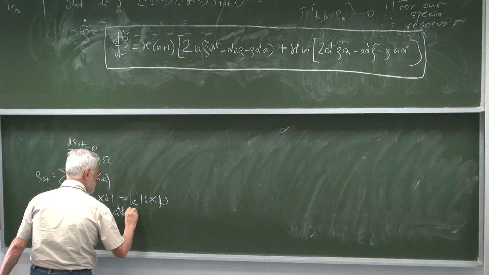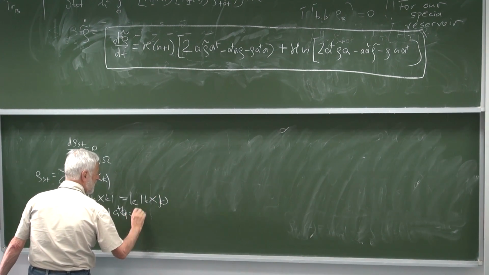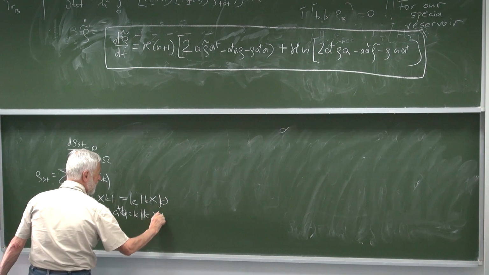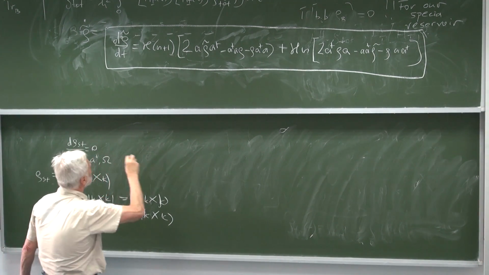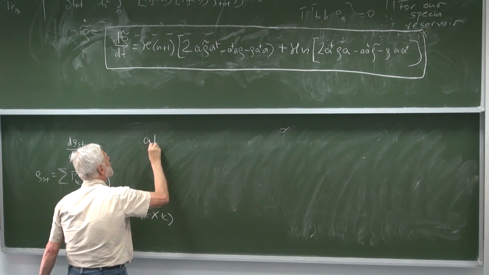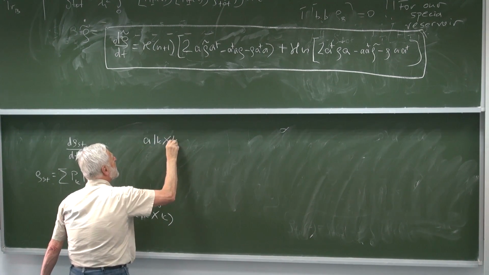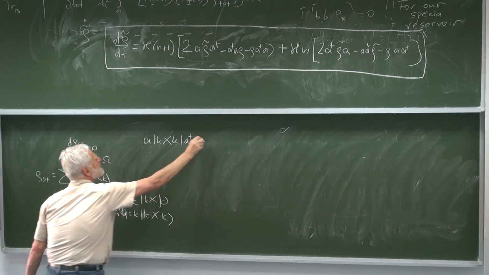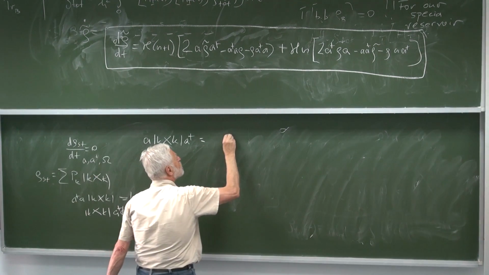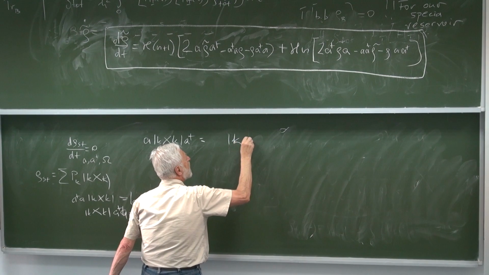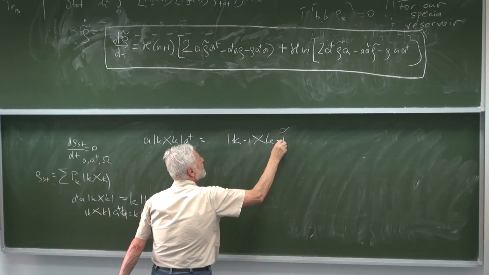That is easy, yes? What happens if I have the first term, which is a |k><k| a dagger? Well, it is of course proportional to |k-1><k-1|.